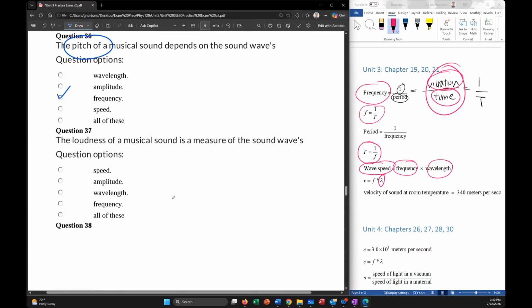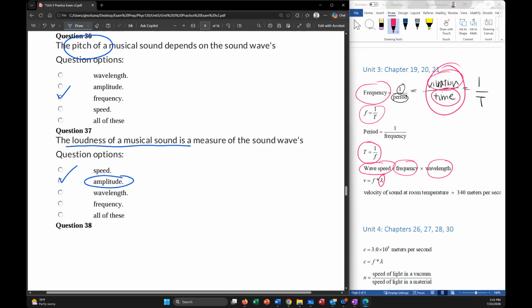Question 37. The loudness of a musical sound is a measure of the sound wave's speed, amplitude, wavelength, or frequency. The loudness is always related to the amplitude, not frequency, speed, or wavelength.